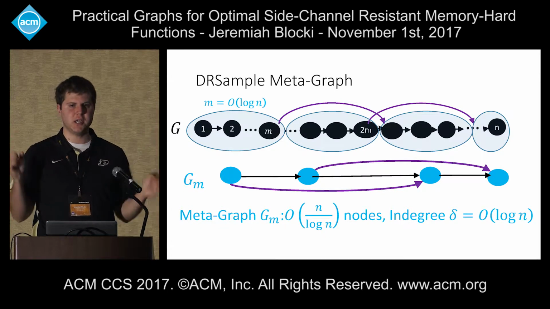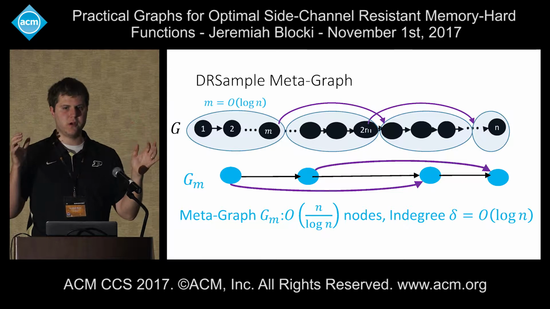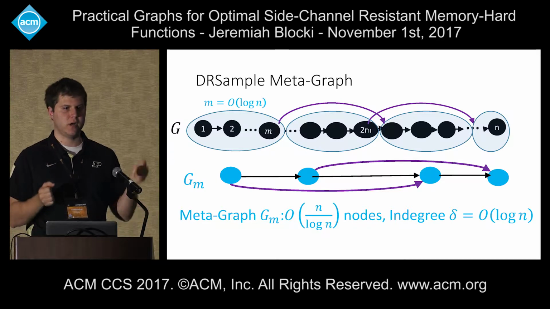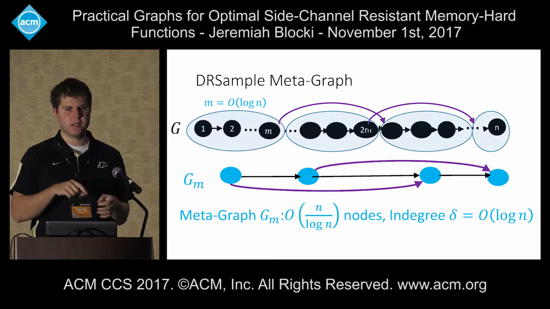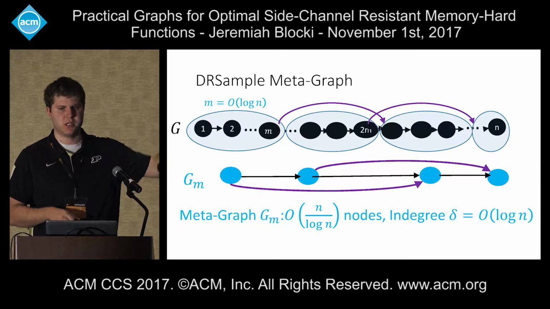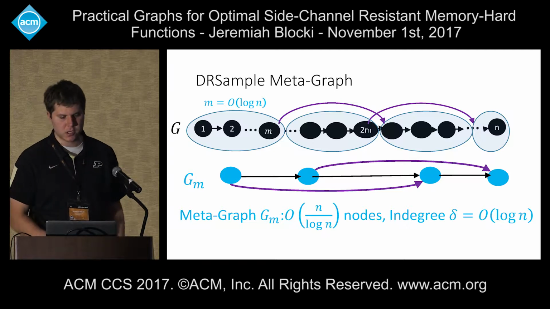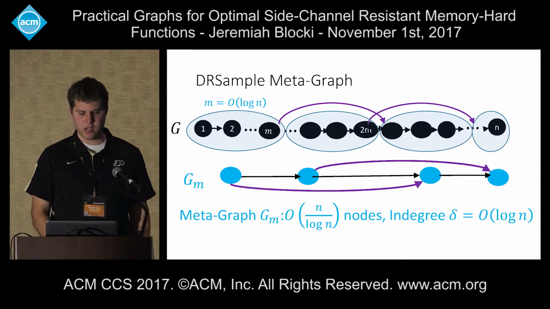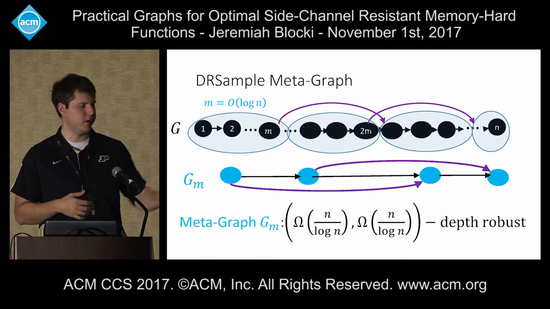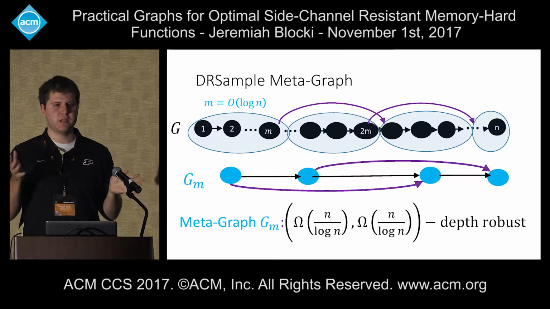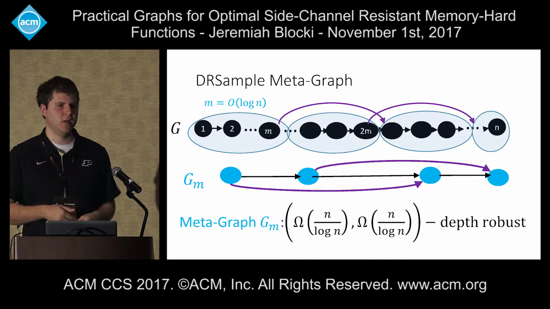We group the nodes into chunks of size log n, and then we design a new graph where two meta nodes are connected if and only if there was an edge between those two chunks of nodes in the original graph. What we show is that this metagraph has n over log n nodes, indegree log n, and it's maximally depth robust. So it only has n over log n nodes, but to really reduce the depth of this graph, you have to remove n over log n meta nodes from this graph.